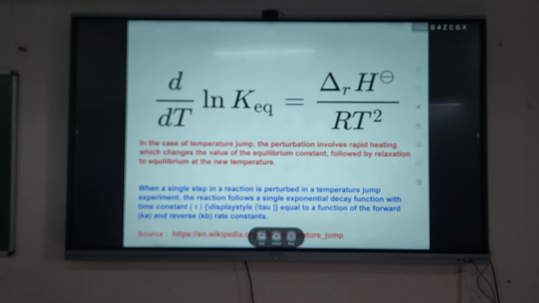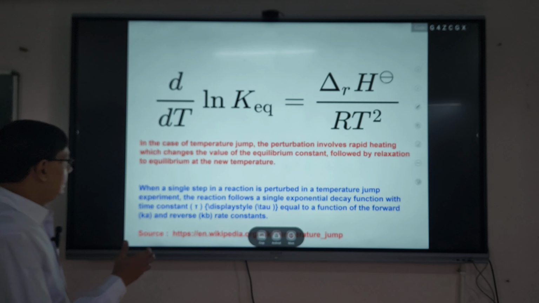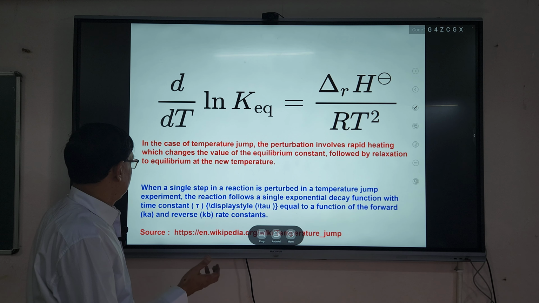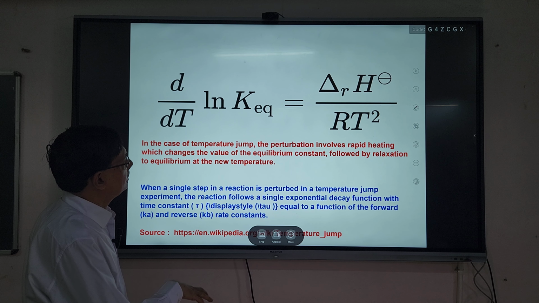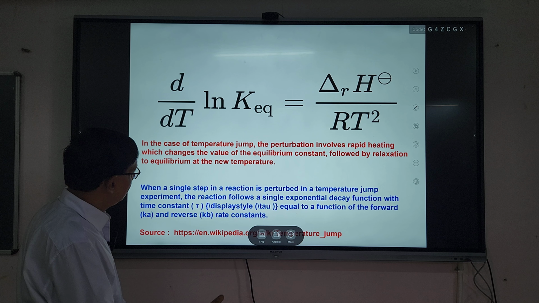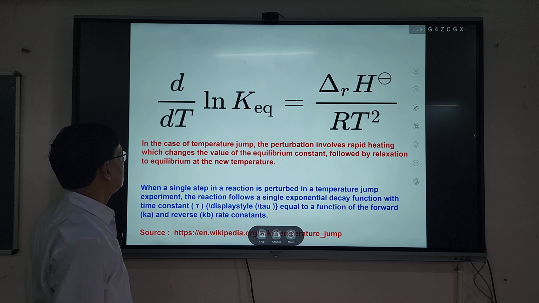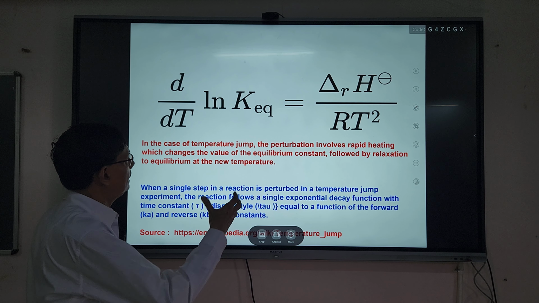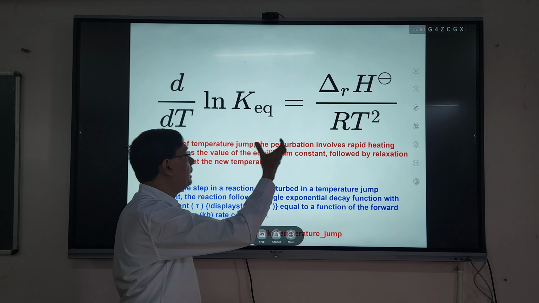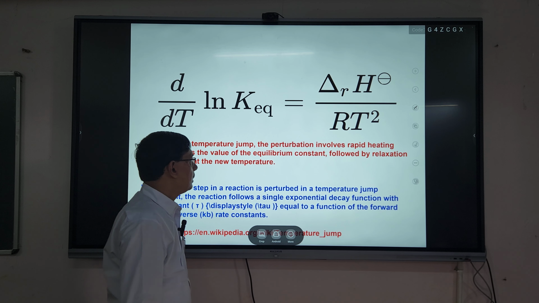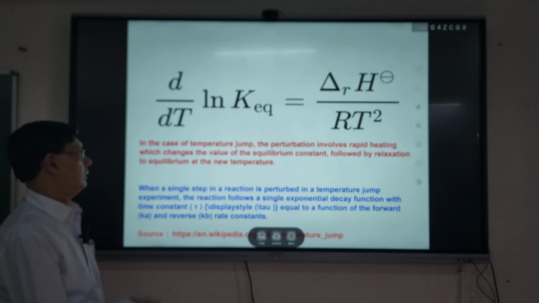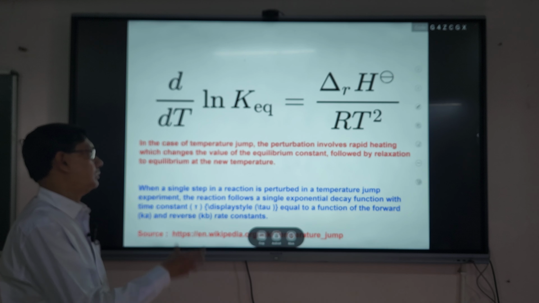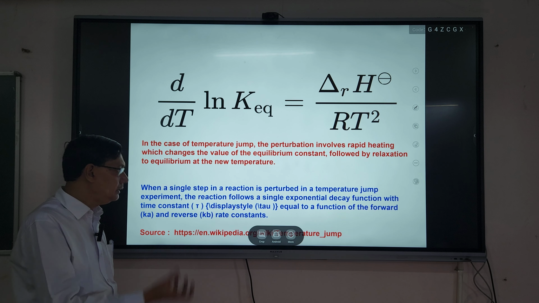Now again, if anybody asks you what is the theory behind this temperature jump method? Like the pressure jump method, where we monitor the delta V, molar volume, here again it is the same thing, because when a part of the equilibrium is perturbed, naturally the equilibrium constant is affected.